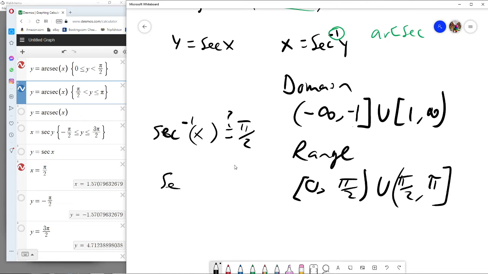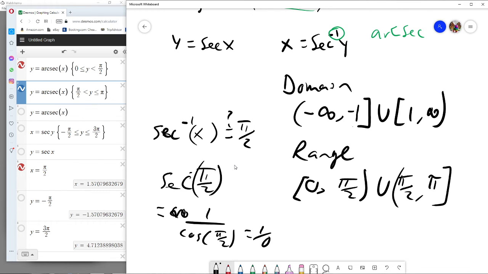If we have secant of pi over 2, that is the same thing as 1 over cosine of pi over 2, which is 1 over 0. That right there is a problem. So since pi over 2 is not in the domain of secant, it cannot be in the range of arcsecant. And that's where that is coming from.